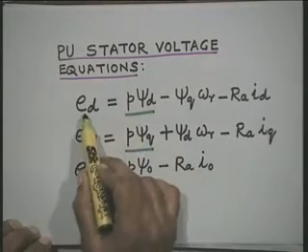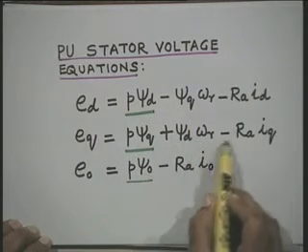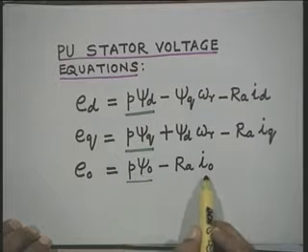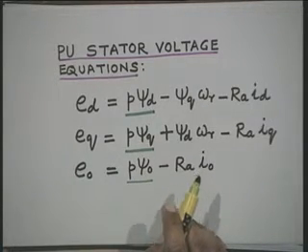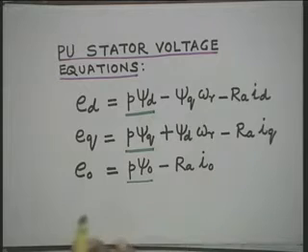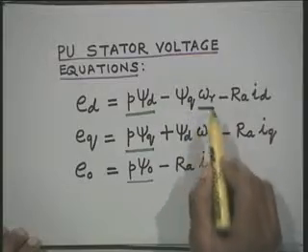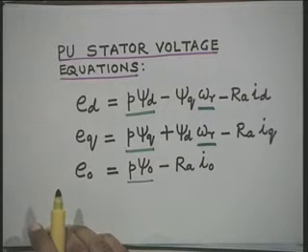That is, E d equals minus psi q omega r minus R a I d, E q equals psi d omega r minus R a I q, and E 0 equals p psi 0 minus R a I 0. They are becoming algebraic equations. Another important approximation which is made is that in these equations the rotor speed omega r is assumed to be equal to synchronous speed.